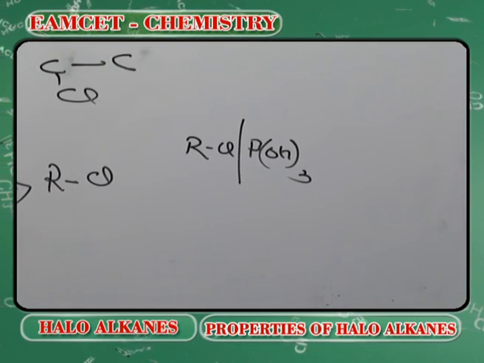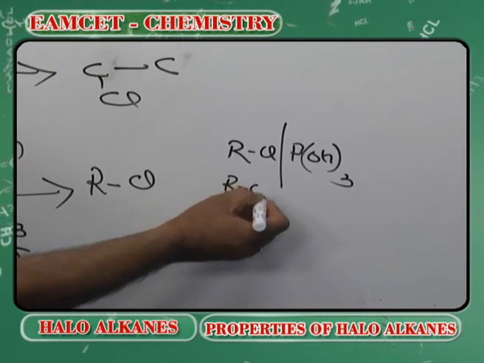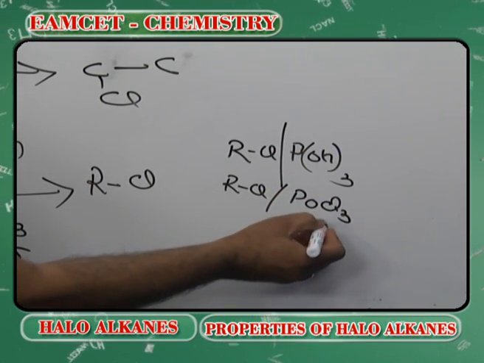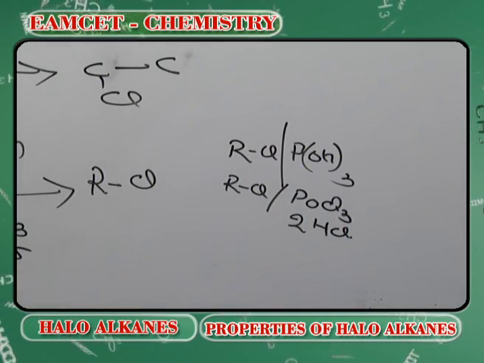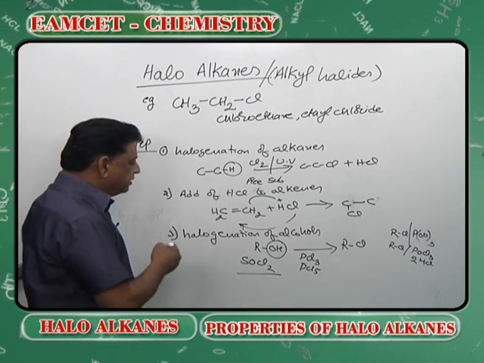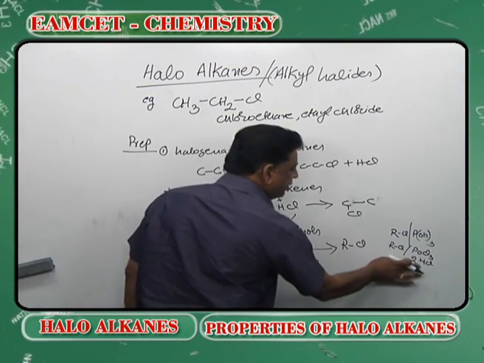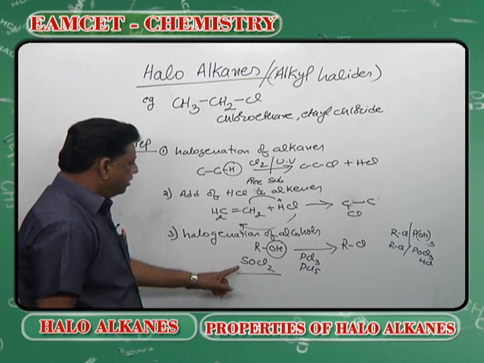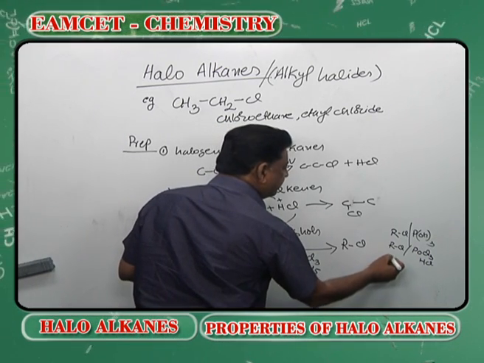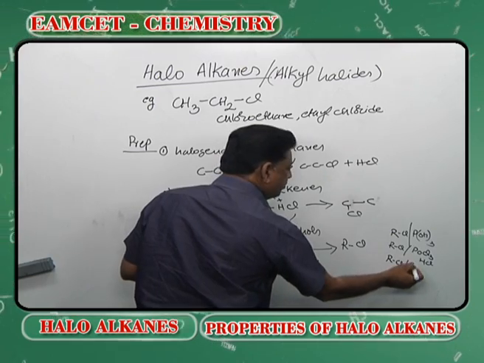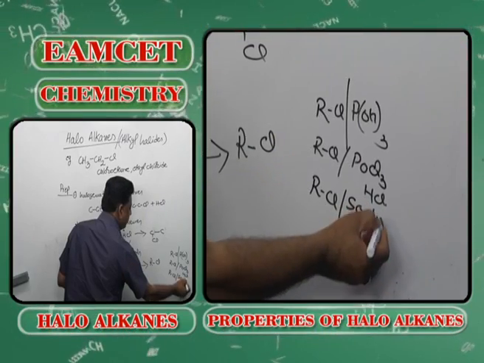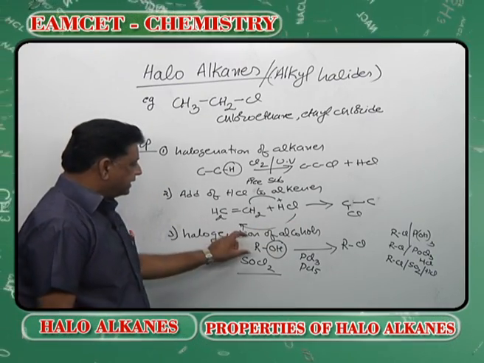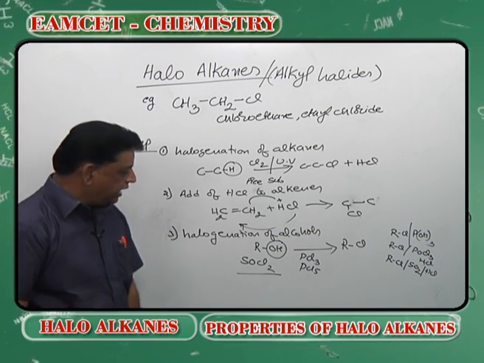In the second case with PCl5, RCl will be formed in addition to POCl3 and 1 mole of HCl. So, Cl will be substituted, 1 HCl will be formed, and 3 Cls will be with the POCl3. With thionyl chloride, the R will become RCl, S will become SO2, and 1 HCl will be formed. So, depending upon the reagent, you have to adjust the product, but alcohol will be converted into RCl.